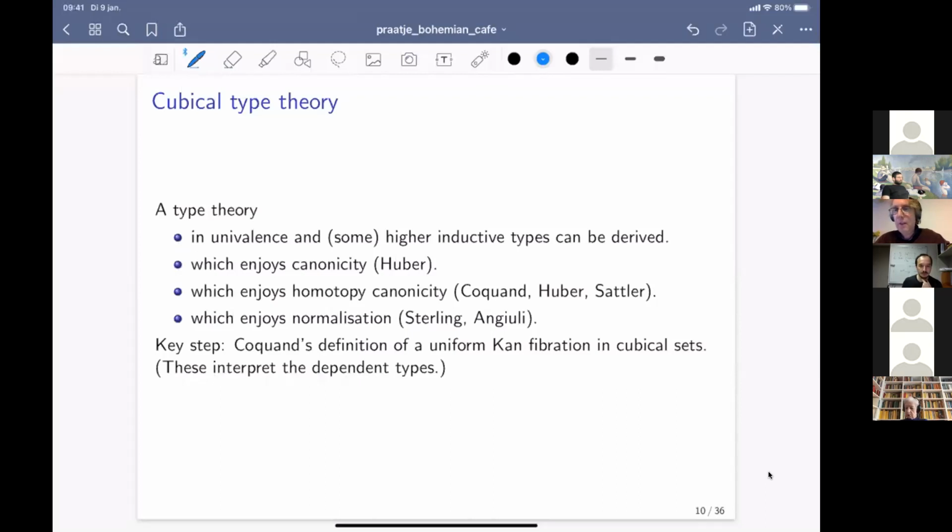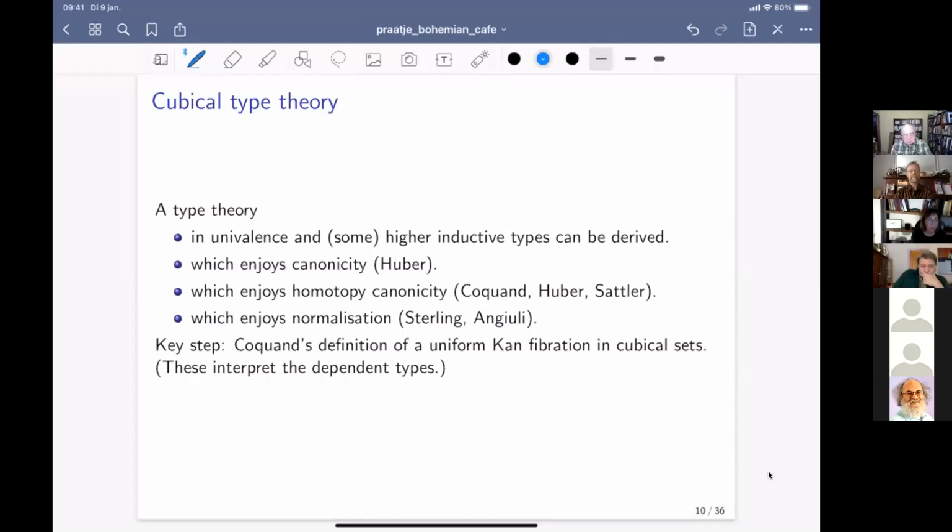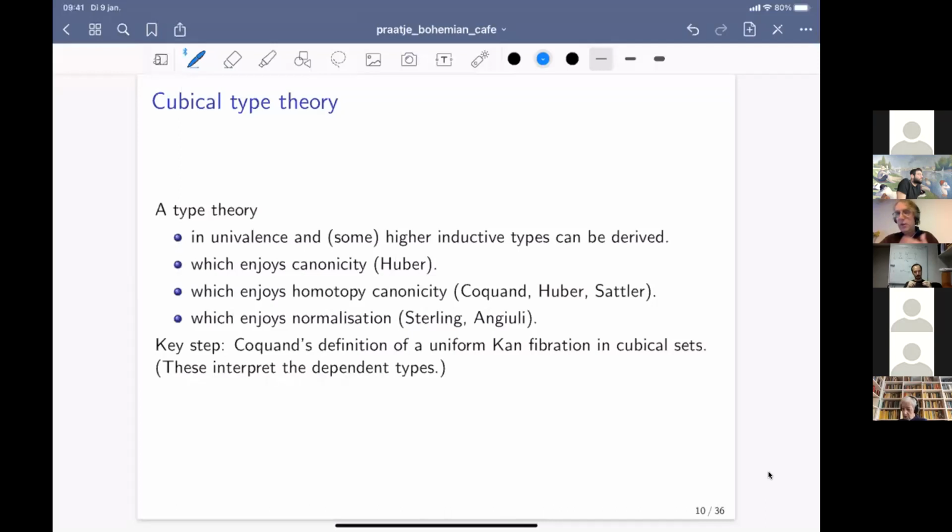And I think it is no exaggeration to say that the crucial step for all of this is a particular definition due to Thierry Coquand of a uniform Kan fibration in cubical sets. There's a kind of model construction in the background. There's an interpretation in cubical sets, and the question is, which morphisms of cubical sets will interpret the type dependencies?